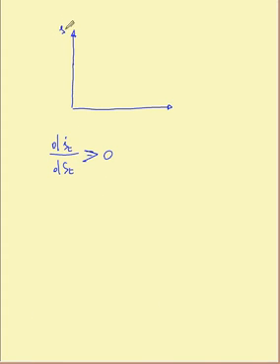So if we consider S dot T with respect to the level of S of T, this function is increasing because the derivative is positive. We assume it's linear, okay?